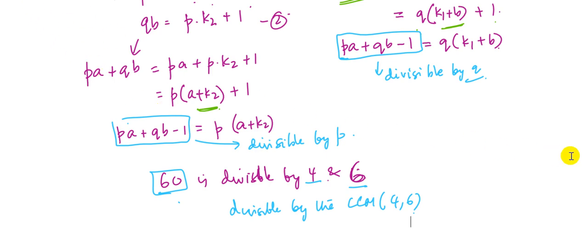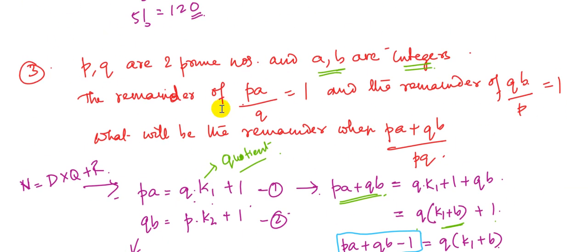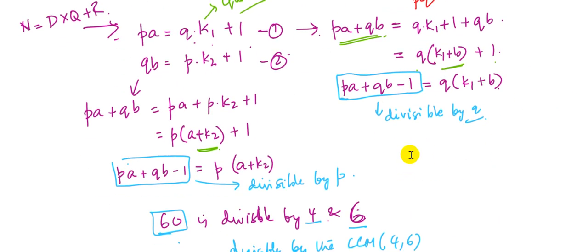Now here we are given that P and Q are two prime numbers. So the LCM of two prime numbers will be the product of these two numbers. So from these two, I can say PA plus QB minus 1 is divisible by PQ, since P and Q are prime numbers.